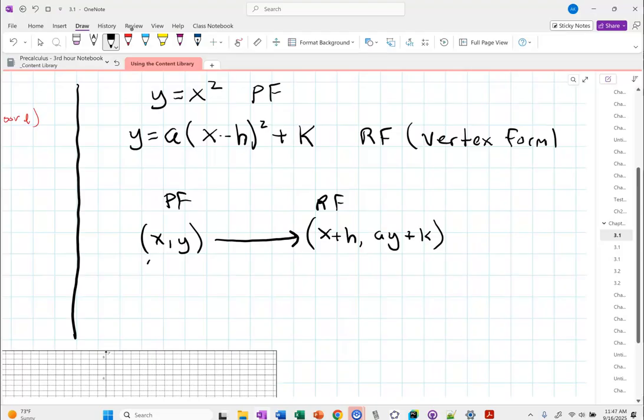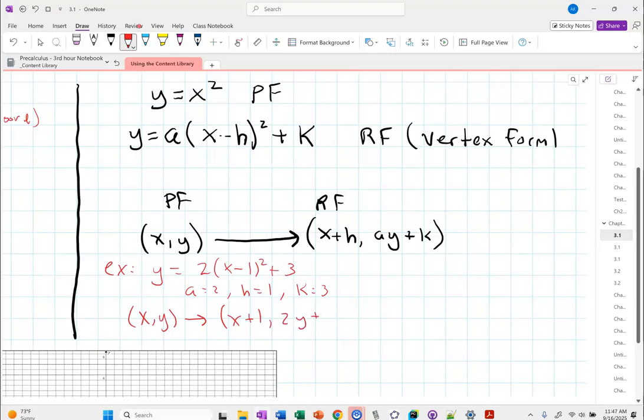So let's write out an example. Let's say we had y equals 2(x minus 1) squared plus 3. My a was 2, my h was 1, and my k was 3. So the map that I would write would have been (x plus 1, 2y plus 3).